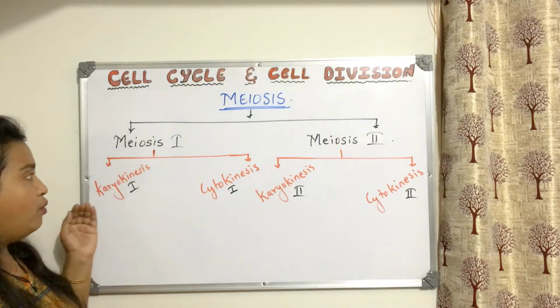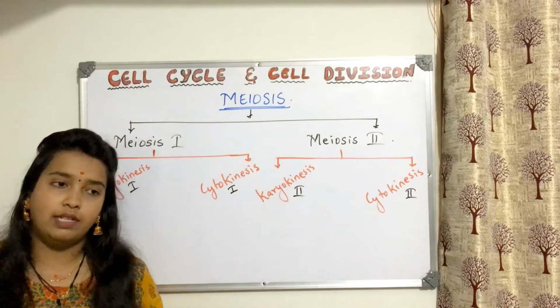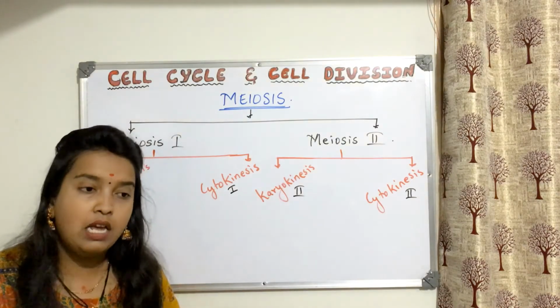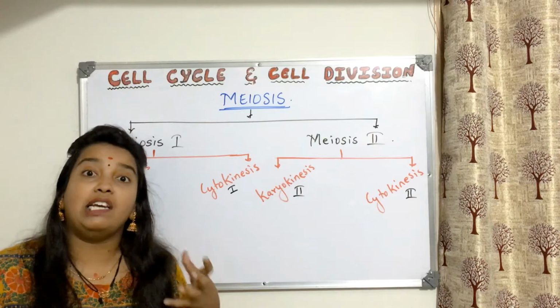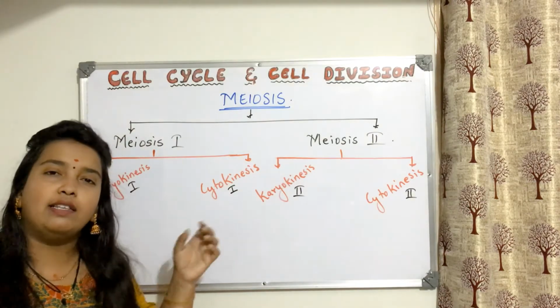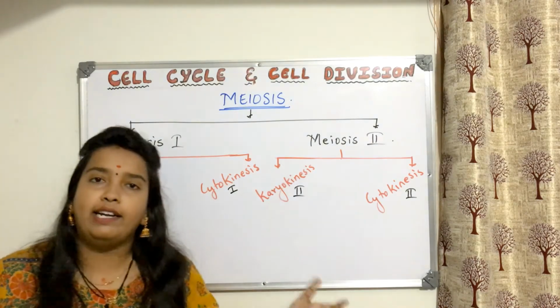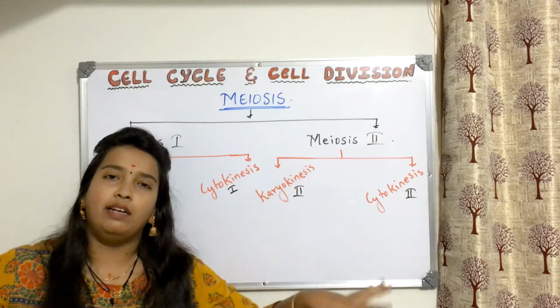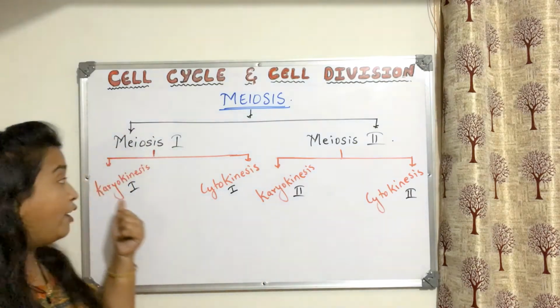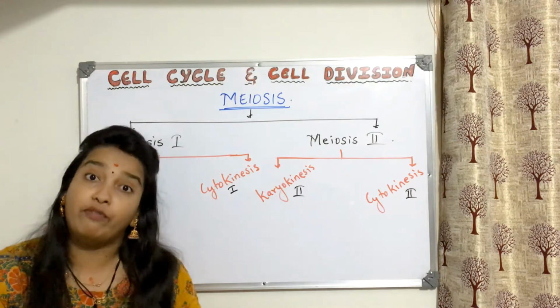Now, what are the stages in karyokinesis? I have already told you that in mitosis, karyokinesis is not an easy thing. Compared to it, cytokinesis is a little bit easy because the major things are already done; only the cytoplasm should be divided. Karyokinesis is not that easy because chromosomes should be formed.